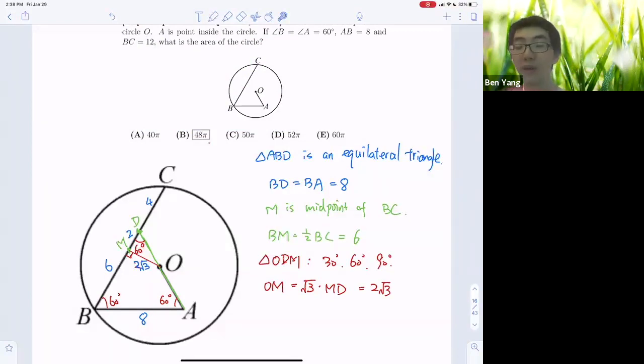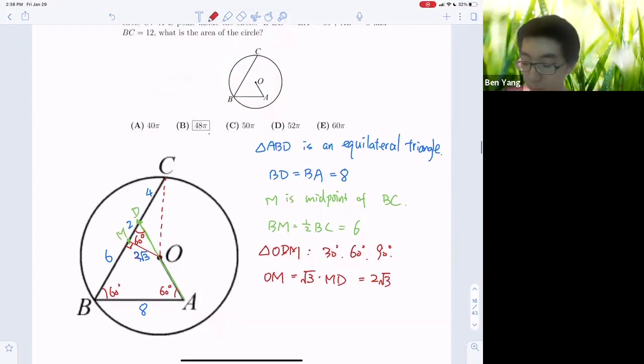Okay, we're almost done. Just one last step. Now, if we look at the triangle OCM, we know that OM is perpendicular to CM. So this is a right triangle, and we can use Pythagorean theorem there. So OC squared is equal to CM squared plus MO squared.